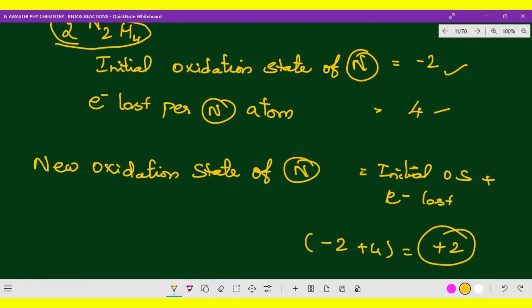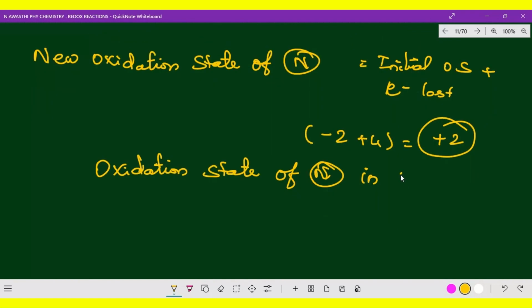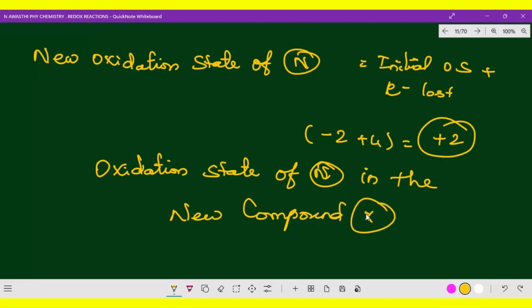So the oxidation state of the nitrogen atom in the new compound X is plus 2. I think you got a clear idea.